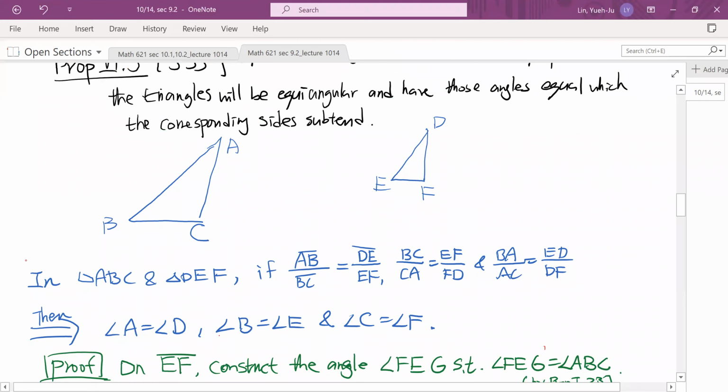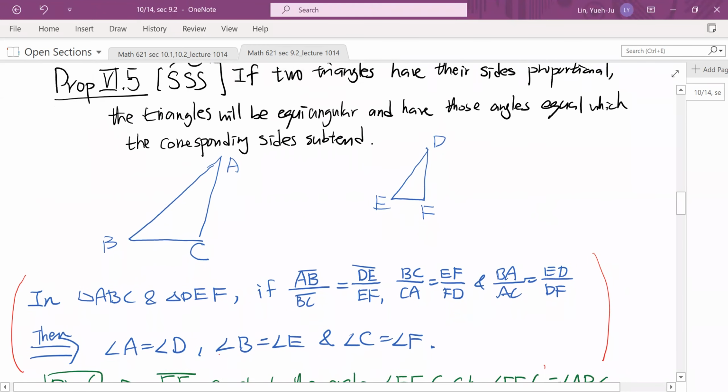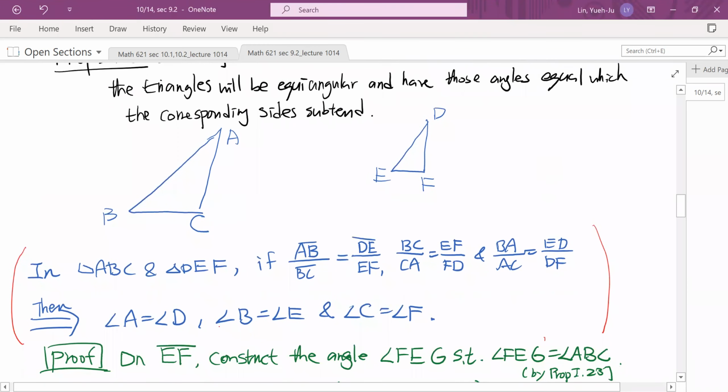So SSS means if you have all the sides in corresponding ratio, then, because you have the sides in ratio, in order to claim they're similar you still need to prove that the angles are equal, right?